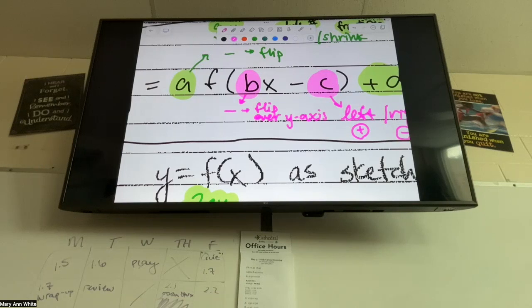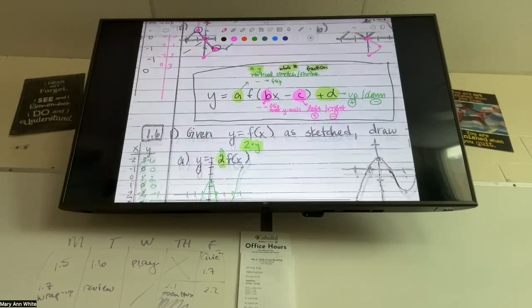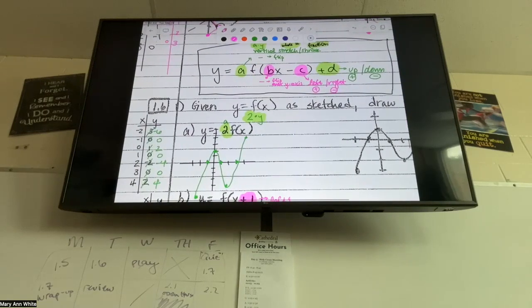So instead of flipping up and down over the x, we're going to flip left and right over the y if there's something inside with that x. Also, everything inside with the x kind of does the opposite of what you think it should. I don't think we do too much more with that today, so I'm just going to let that one be for right now.